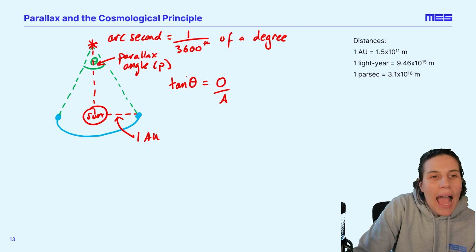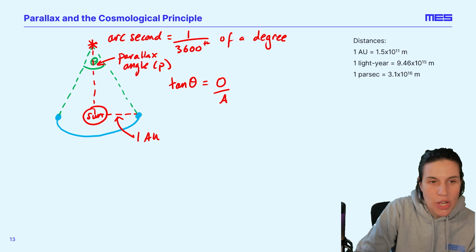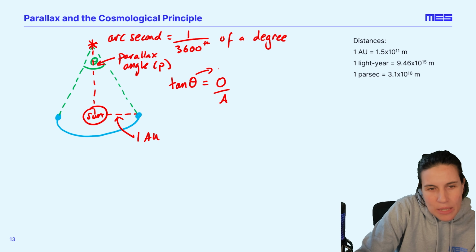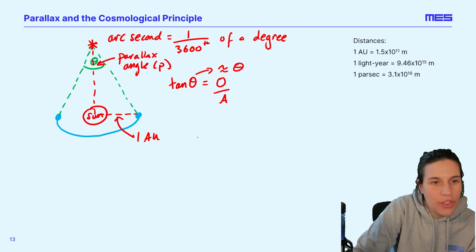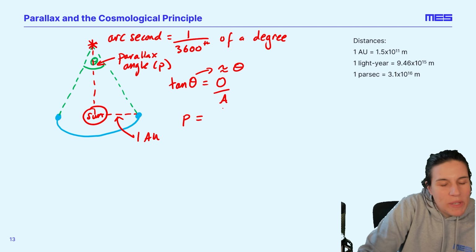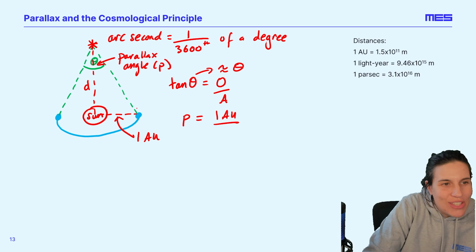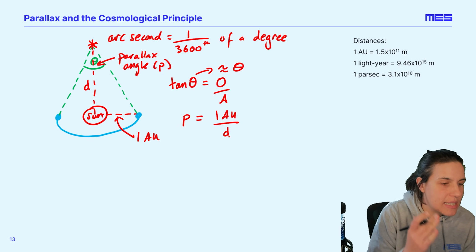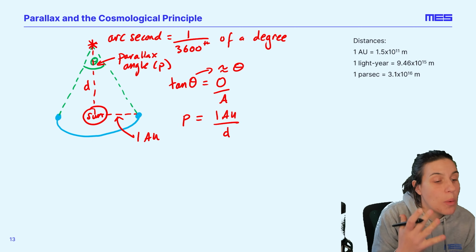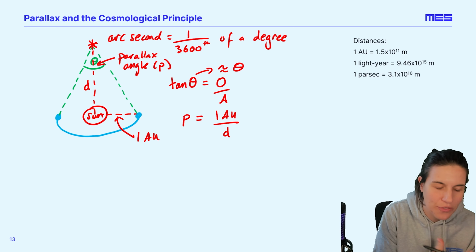Now, at really small angles, we can use the small angle approximation, which tells me that tan theta is approximately equal to just theta. So here I'm just going to have that the parallax angle is equal to the opposite, so that'd be 1 AU divided by the distance between the sun and the star. And that's what we're looking for. We're looking for that distance that the star is from us.